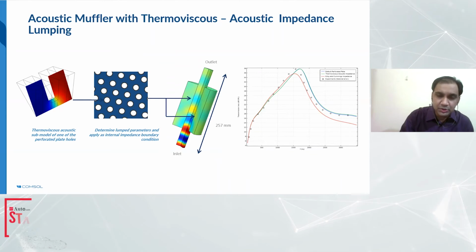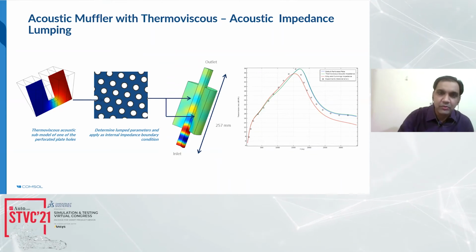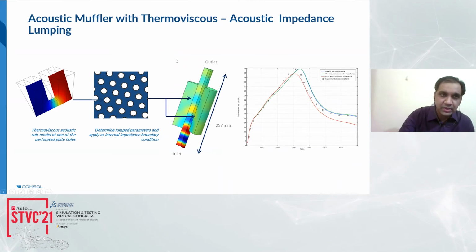Now, talking about muffler modeling, sometimes you also use a perforated plate in the muffler. There are various ways of modeling a perforated plate. In COMSOL, there is a built-in model for perforated plate modeling, so you can use that. The second option is to do detailed subsystem modeling of a single perforation. In this case, that is what is done.